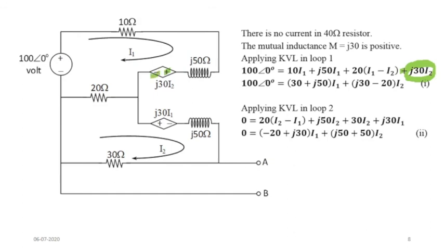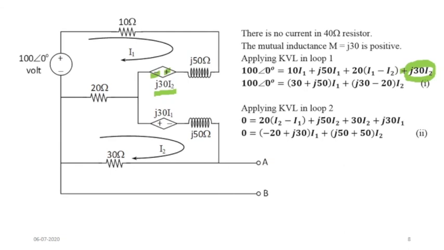Now looking at the term J30I2, it is concluded that this is a voltage source, but it is dependent on the current I2 which belongs to some other mesh. So this is nothing but a current dependent voltage source.